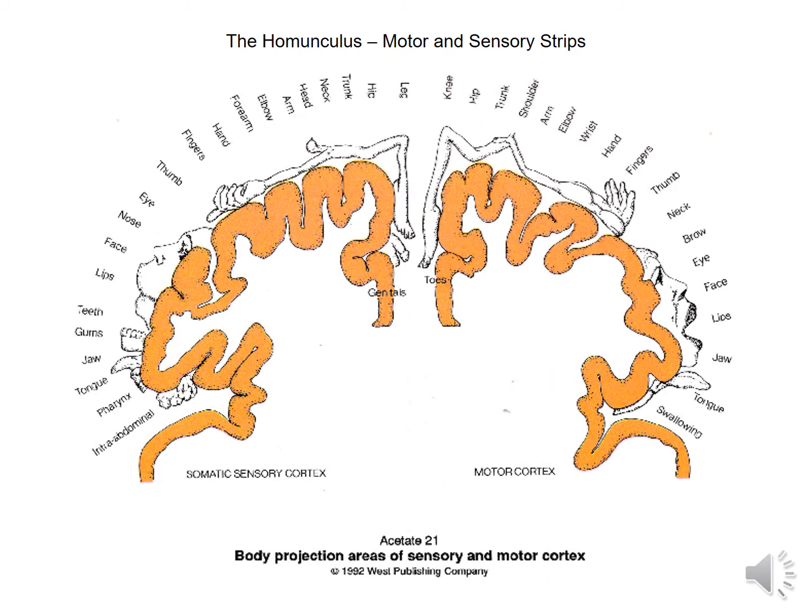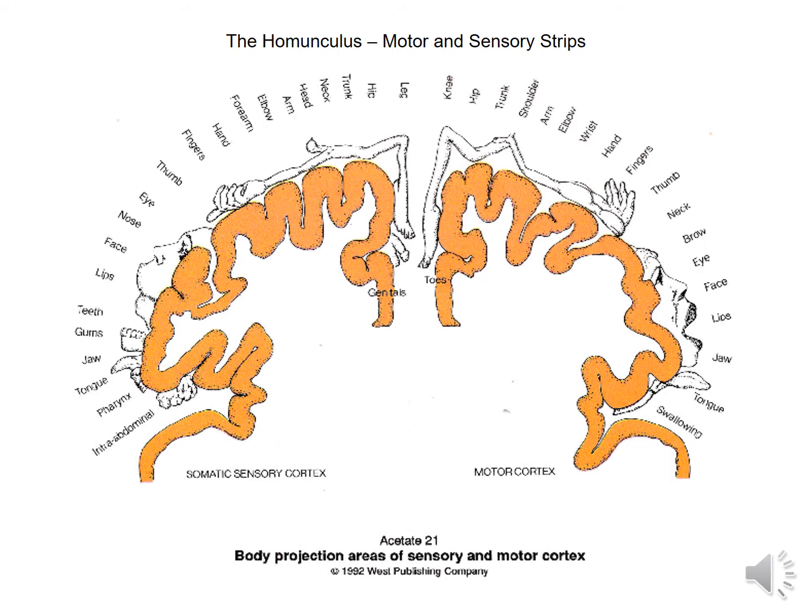So the motor homunculus is depicted on the right side of the slide. And think about it as a topographic map. Think about in your own motor control, which areas of your motor activity require the most fine motor control. Well, it's easily your hands and face.